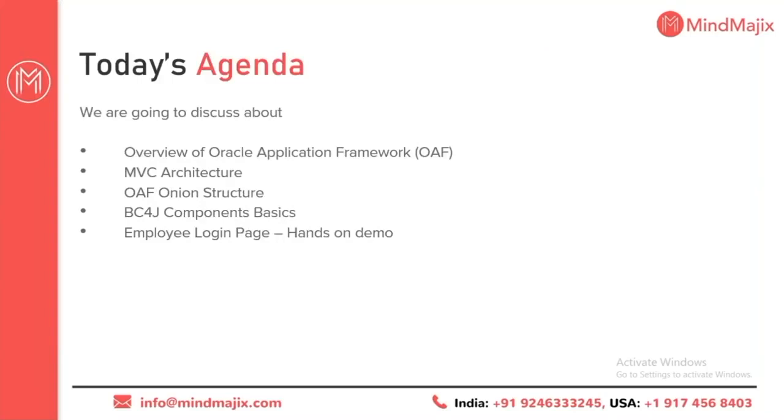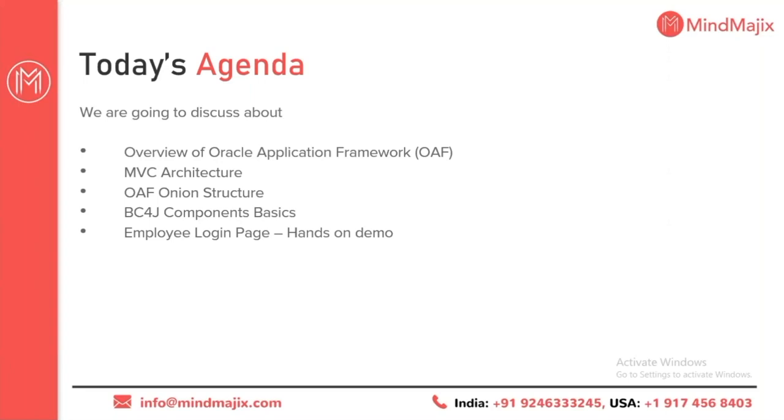So in this demo we'll discuss an overview, we'll see MVC architecture, then OAF onion structure, then the basics of BC4J components at a high level, and finally hands-on, how to develop this employee login page. To start with the OAF overview, as you know, OAF stands for Oracle Application Framework.